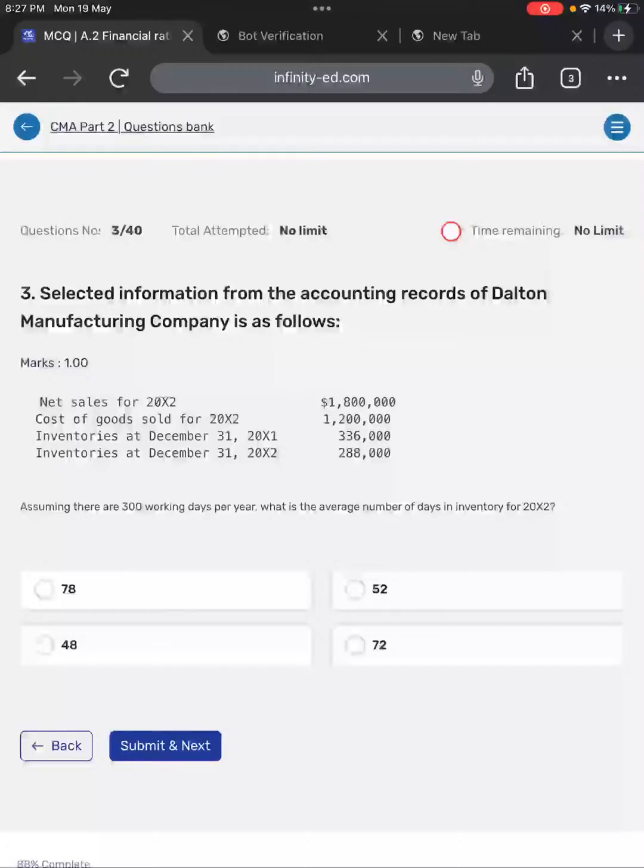And question number 3. Selected information from the accounting records of Dalton Manufacturing Company is as follows.